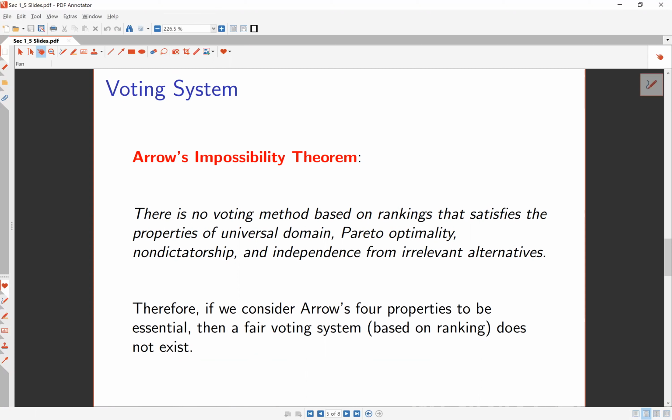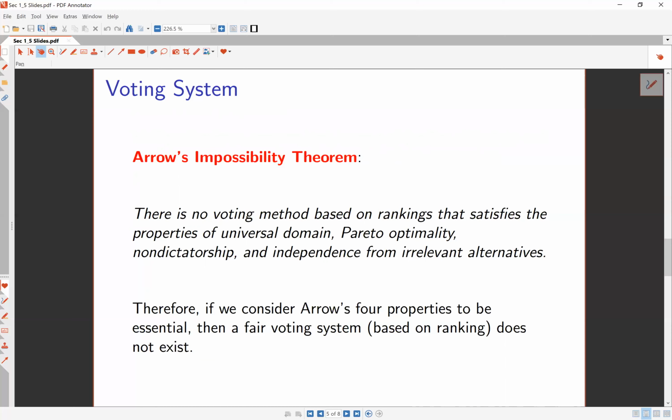Read that again carefully. Those 4 properties that we want in an ideal voting system. Arrow proved that no system based on rankings can satisfy all 4 of these properties.